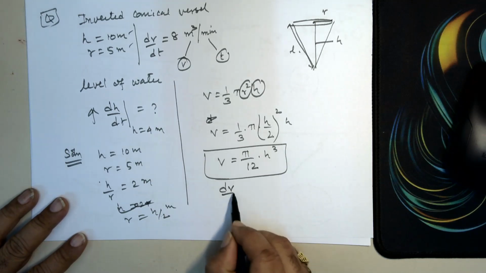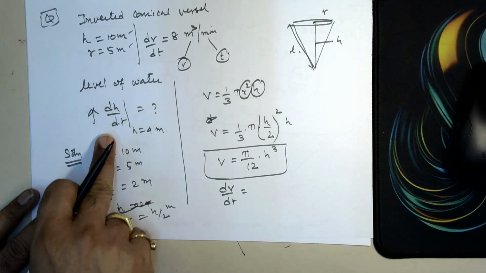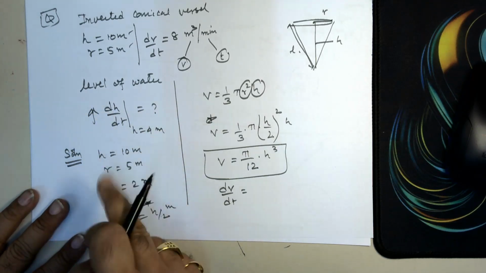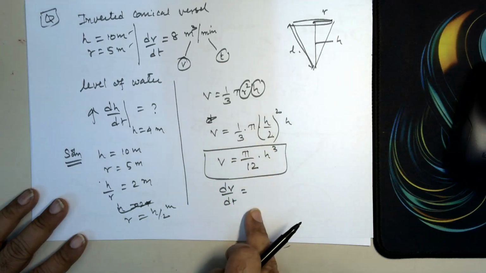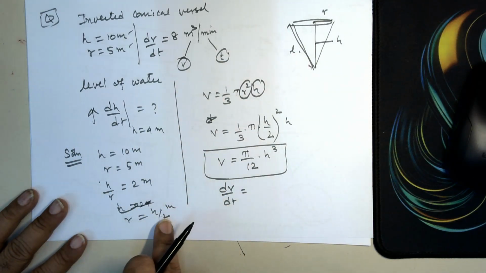Now you can have dV by dt, because they asked dh by dt at h equal to 4. That is why we need that h value, and that is why I substituted the r value in terms of h. Do you understand? Here you have to choose whether to replace r or h.